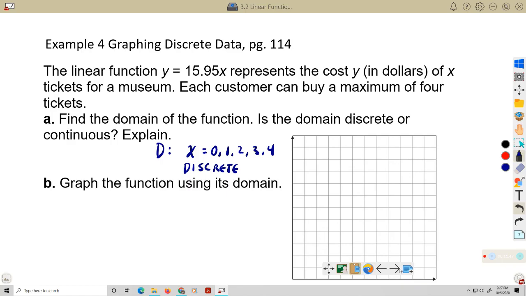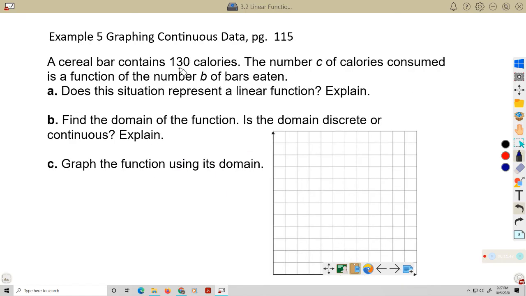And that means the next one is going to be continuous data. A cereal bar contains 130 calories. The number of calories consumed is a function of the number of bars eaten. Does this situation represent a linear function? The answer here is yes.